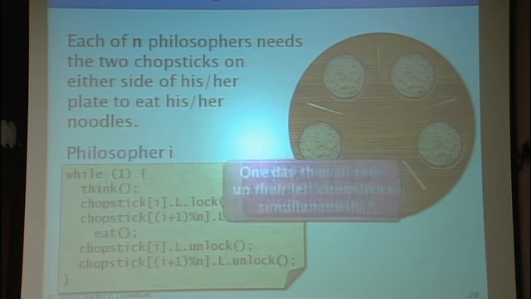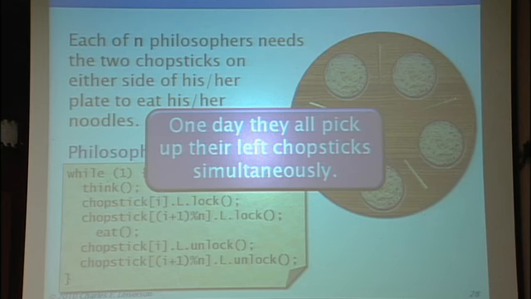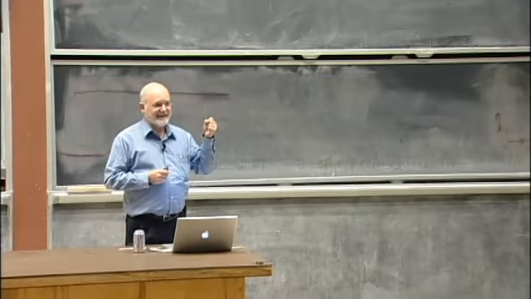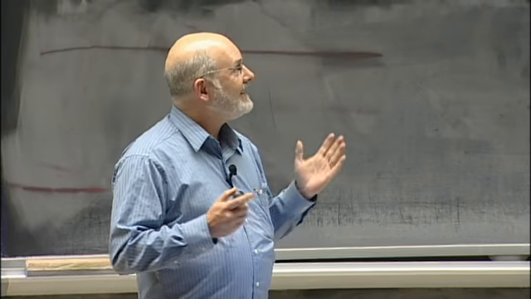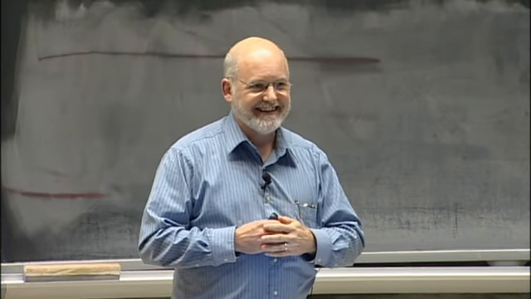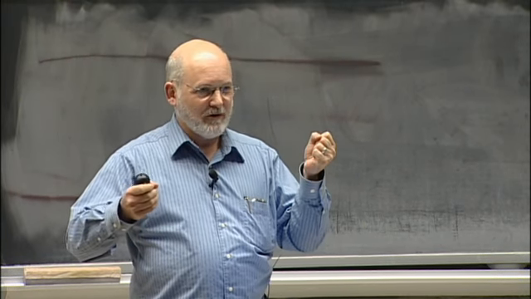So the problem is one day they all pick up their left chopsticks simultaneously. And now they go to look for their right chopstick. It's not there. So what happens? They starve. Because their code doesn't let them release.